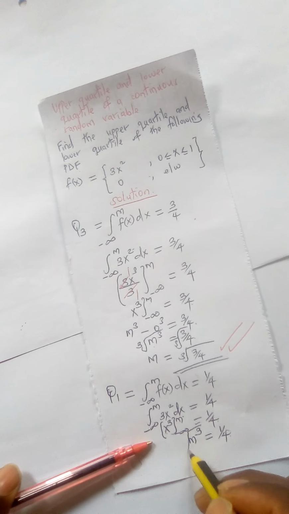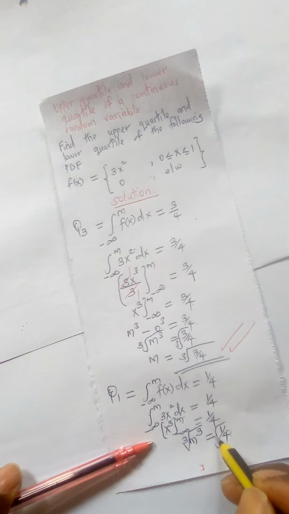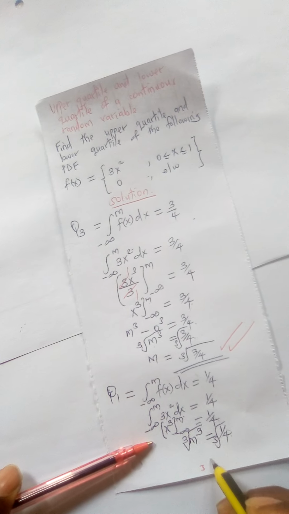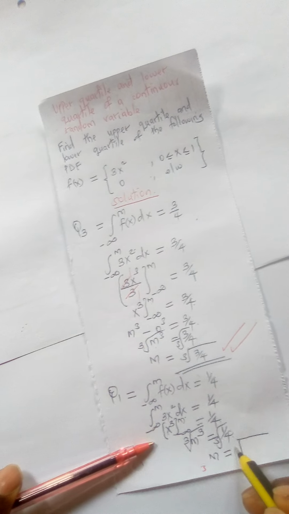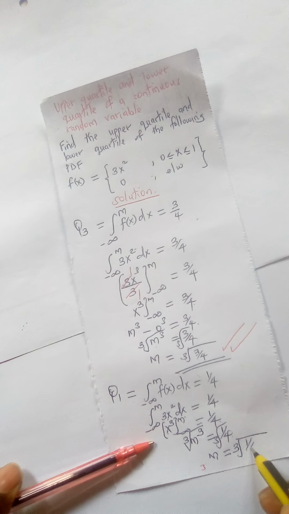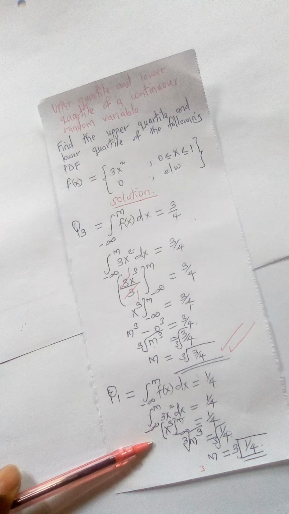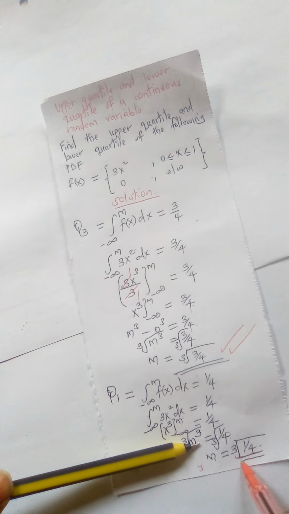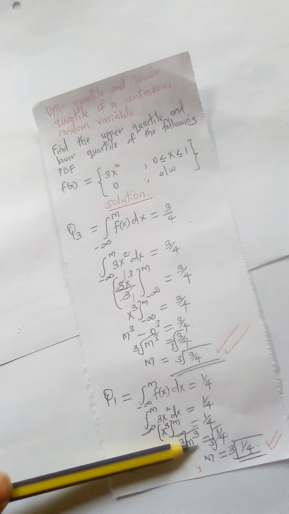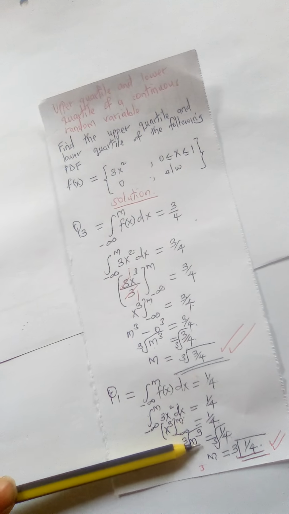Now how can I get m? I just need to get the cube root, whereby my m shall now come to an end by getting the cube root of 1 out of 4. When you do such, you will have gotten the lower quartile, and that one shall be your final answer.